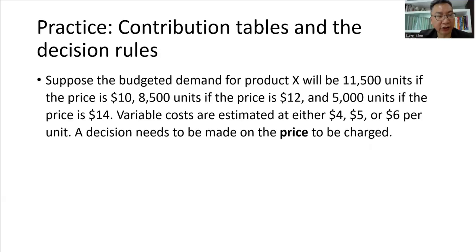Let's say you make the decision based on minimizing regret, so you try to minimize those opportunity costs, given the variable cost for each product is 4, 5, 6 per unit respectively. The decision needs to be made on the price to be charged.